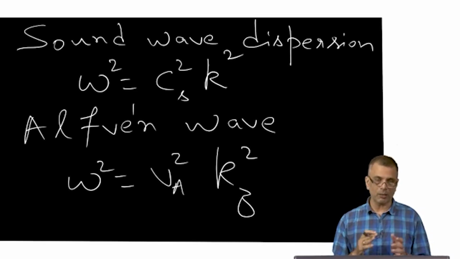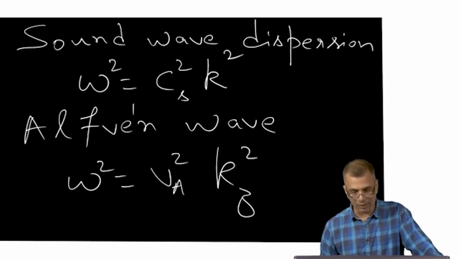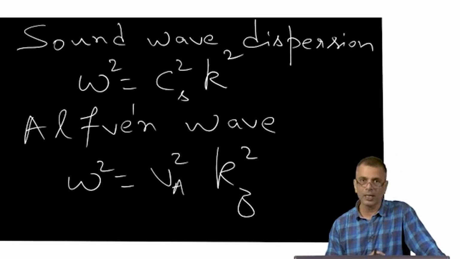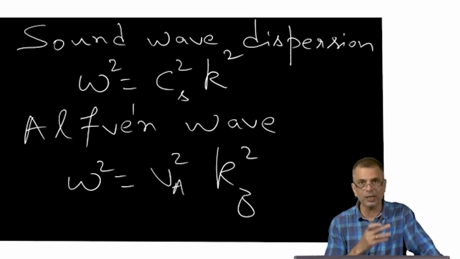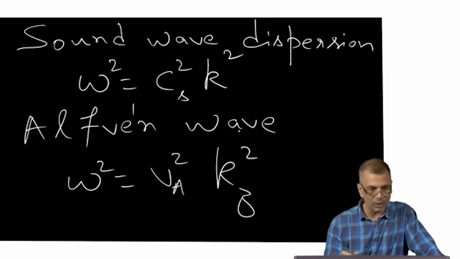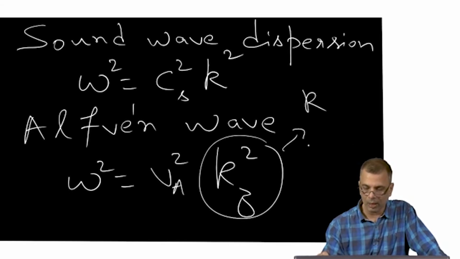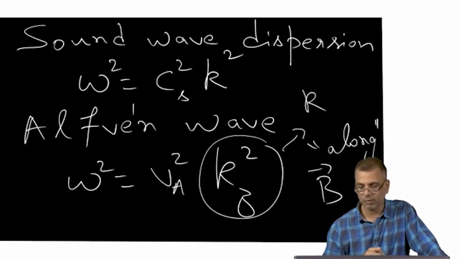Okay. So, it breaks the symmetry, and so the k in one direction is not the same as the k in other directions. Specifically, the k along the magnetic field is different from the k perpendicular to the magnetic field, and here we are referring to kz, in other words, the k along the magnetic field.